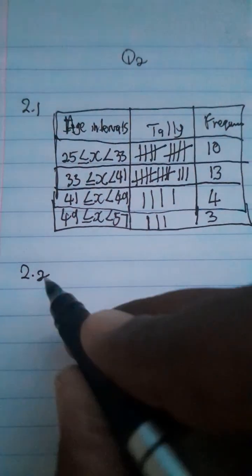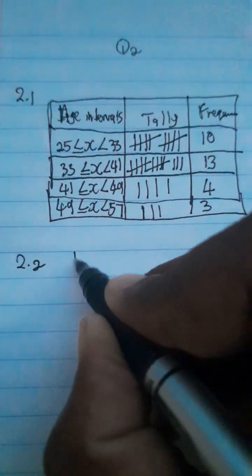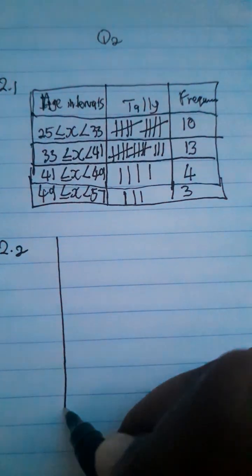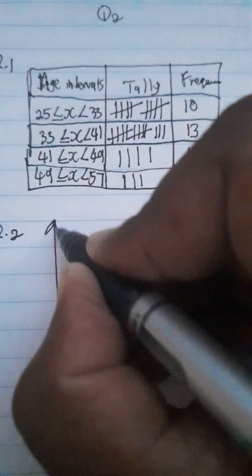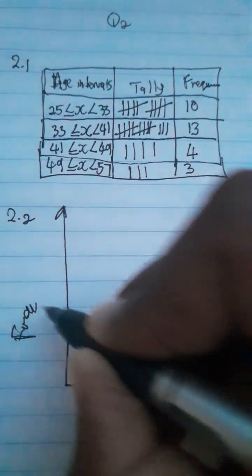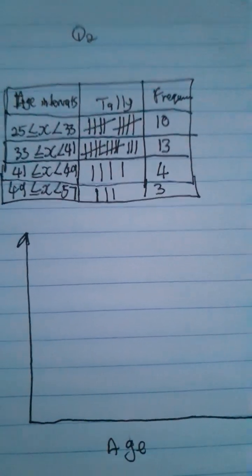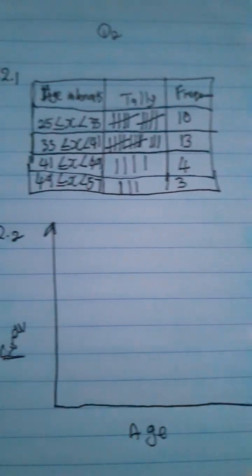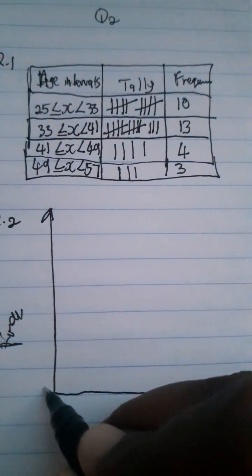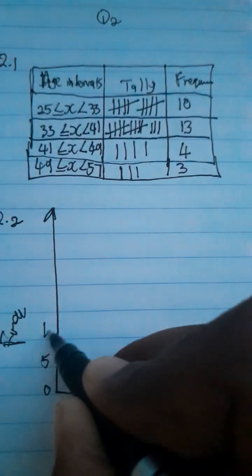So we are going to do this. This is going to be H, and this will be your frequency. So since the highest number is 13, we can just say 0, 5, 10, 15.